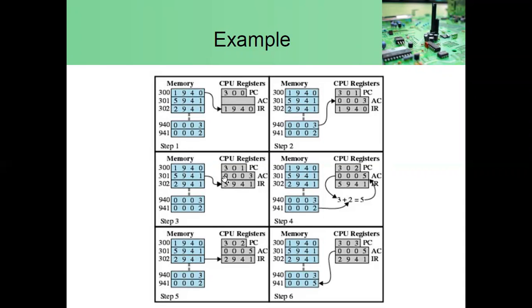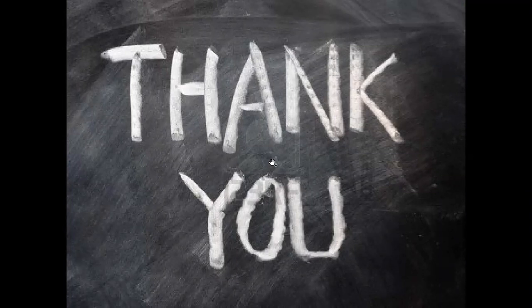So like this, the instruction execution cycle will work. This is just an example. Steps 2 and 3 are being shown here. Sorry, this was step 2. So hopefully you have learned something about the instruction execution cycle, and we'll take questions and answers right now.